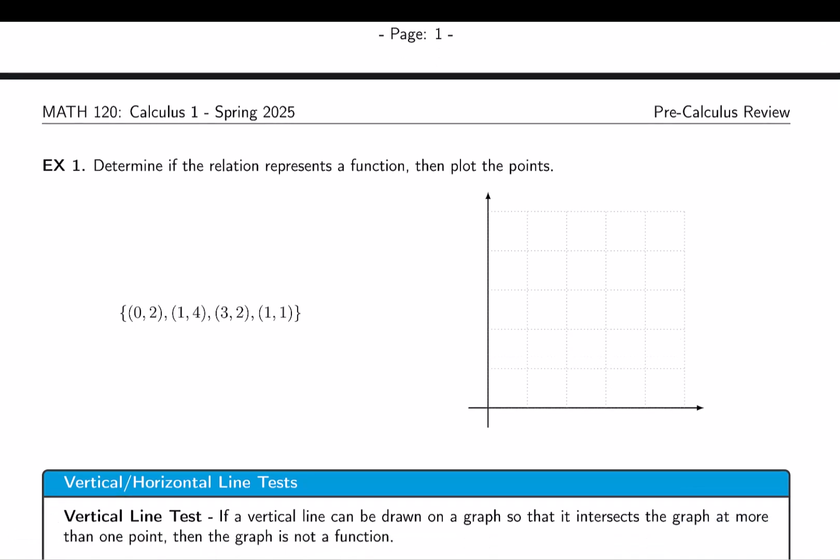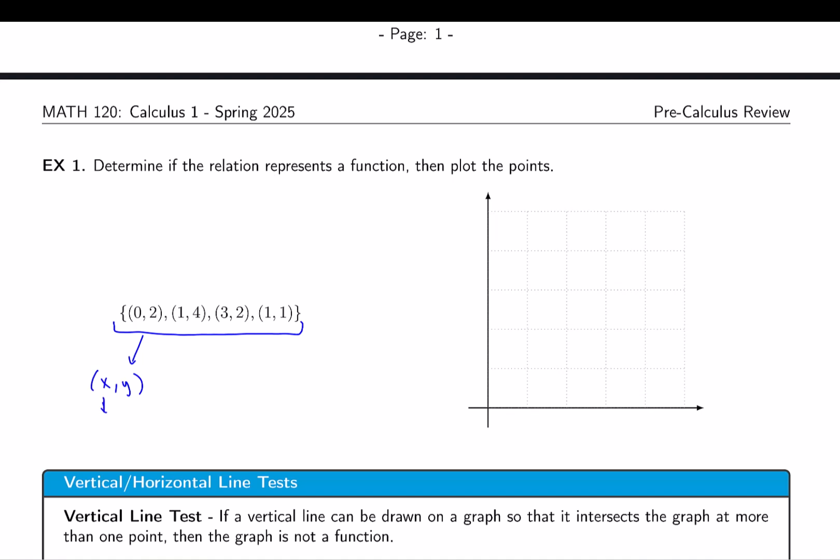So for instance, this set of points right here is enough to define some function, as long as it doesn't violate the principle that each item in the domain has to correspond to exactly one item in the range. How do we define the domain and the range? Well, for each coordinate we have an xy coordinate pair, and that pair defines two different pieces of data.